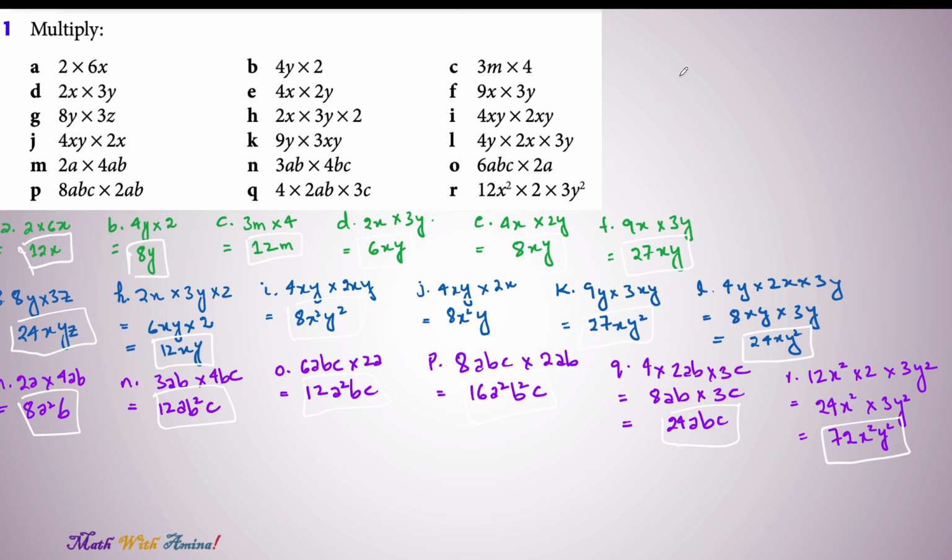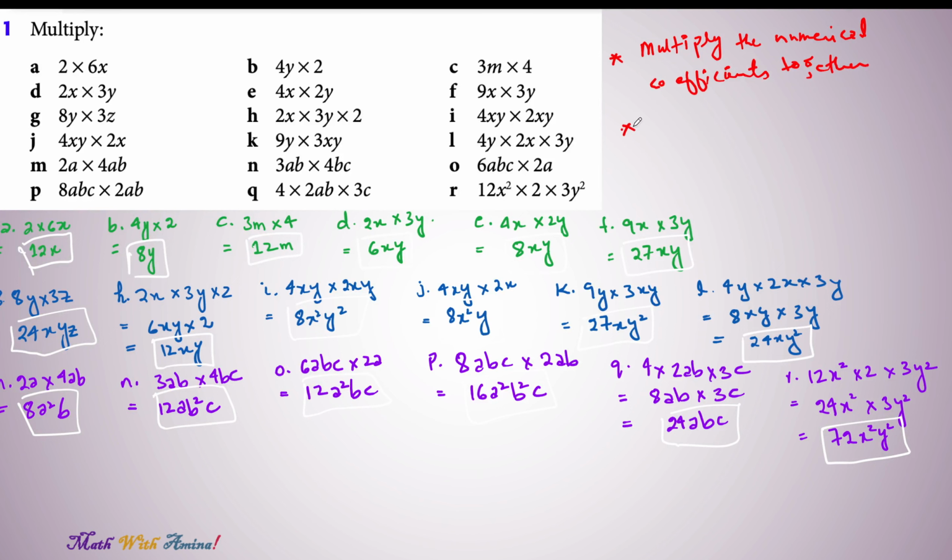So the very first rule is that when we are having algebraic expressions, we multiply the numerical coefficients together. This is the first rule.